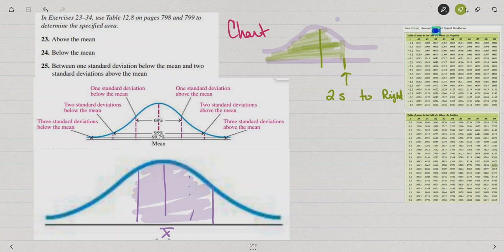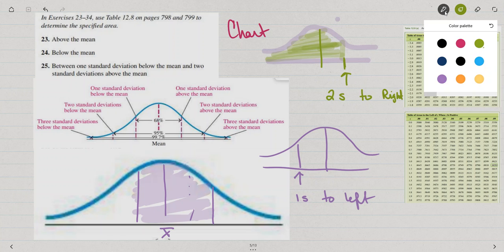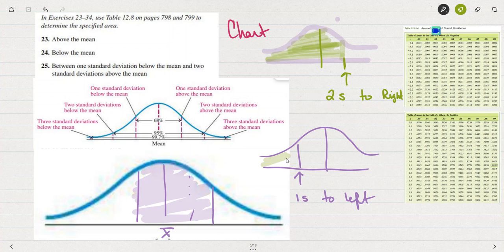And then the next thing I'll do after that, I'm going to find everything to the left of 1 standard deviation to the left. So that would be this.